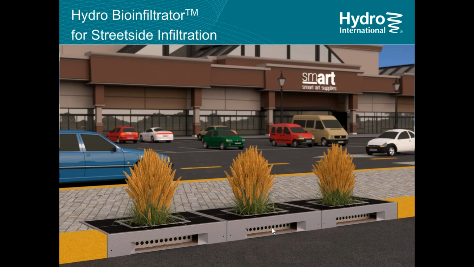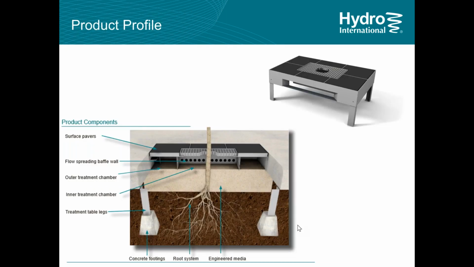So Hydro has their own off-the-shelf engineered infiltration system. There are quite a few of these on the market. This one is ours, and what we've done is we've really tried to maximize some of the features that people have told us are the most useful for bioinfiltration and runoff reduction.